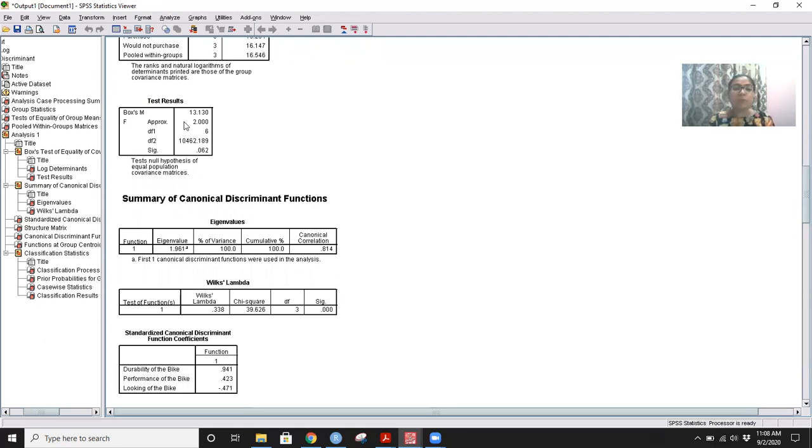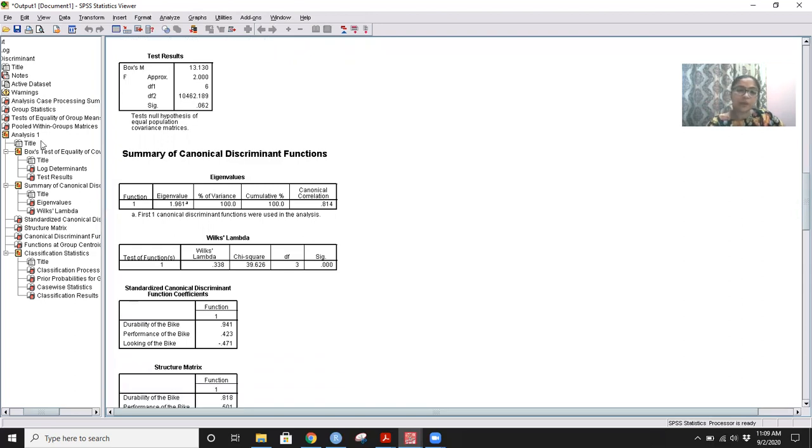But even if the Box's M test is not justified, you could still go with your discriminant function analysis, provided the data does not have very significant outliers. Outliers is a way bigger problem. So that is also something you need to be careful of.